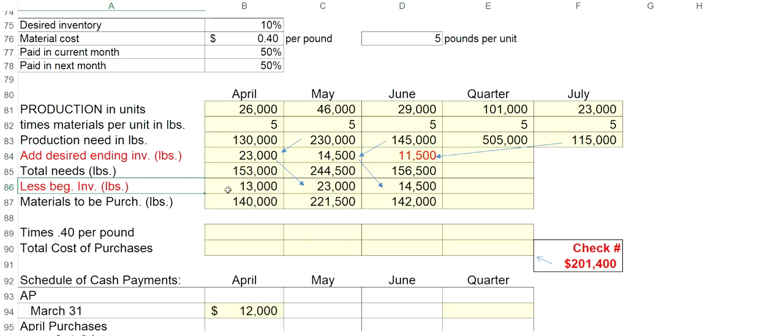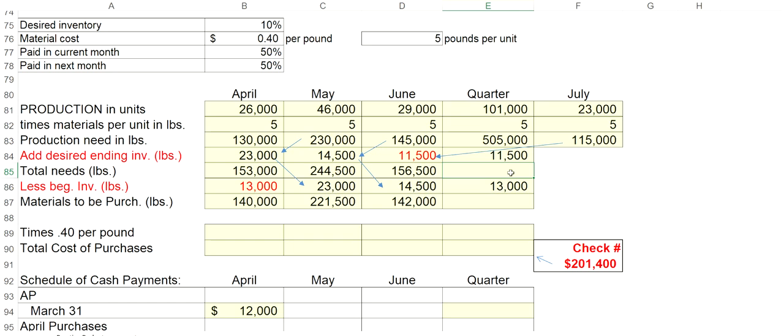Beginning of quarter is April 1st, 13,000. So again, if you see the word beginning or ending, don't add the row, bring over the ending for where it says ending, and bring over the beginning for where it says beginning. So I brought over the 11,500 and the 13,000.